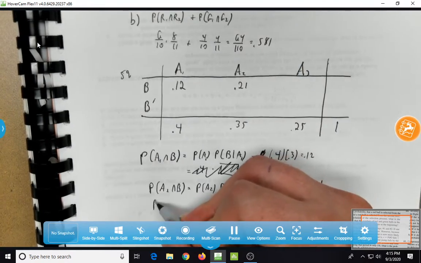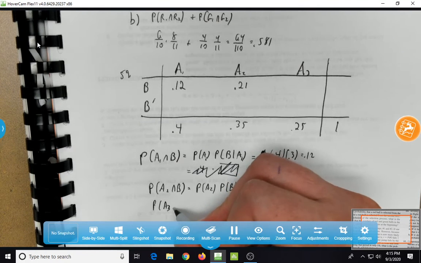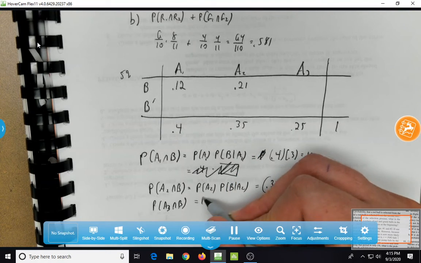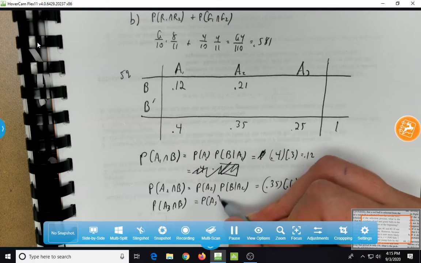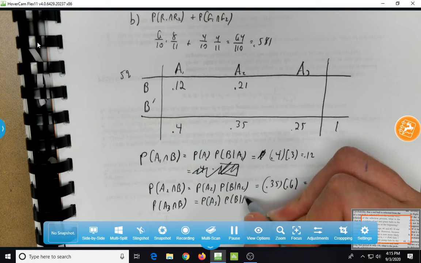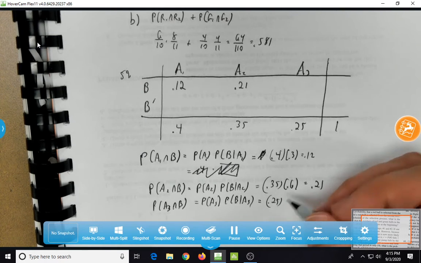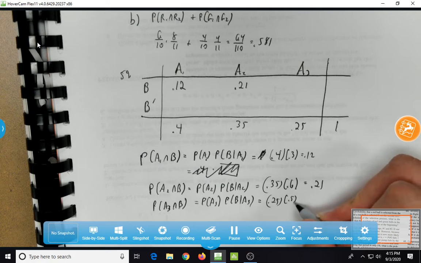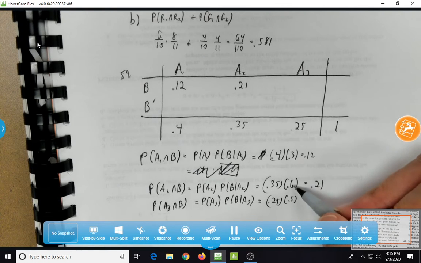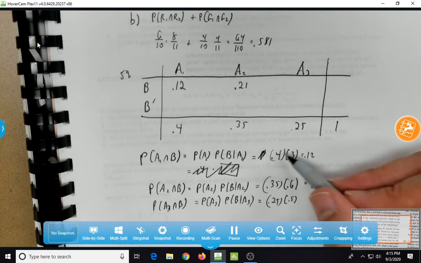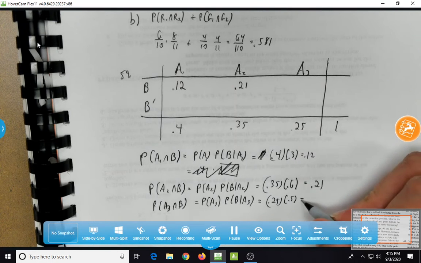And finally, for those people who waste their money using premium gas, I take the probability of A3 times the probability of B given A3. That's 0.25, and the problem tells me that 50% fill their tanks. Notice that 0.3, 0.6, and 0.5 don't add up to 1, because they're percentages of these other ones. So what I get is 0.125.